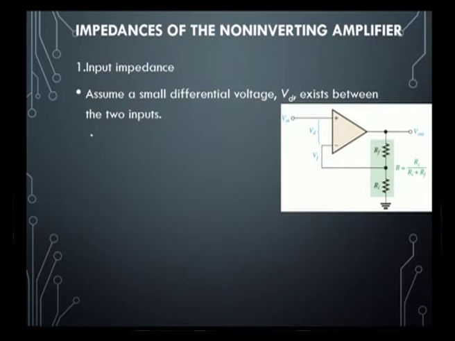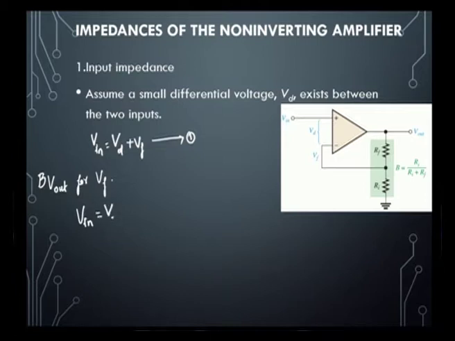So, V in can be written as Vd plus Vf. Substituting V out for Vf, the V in equation becomes Vd plus B into V out.